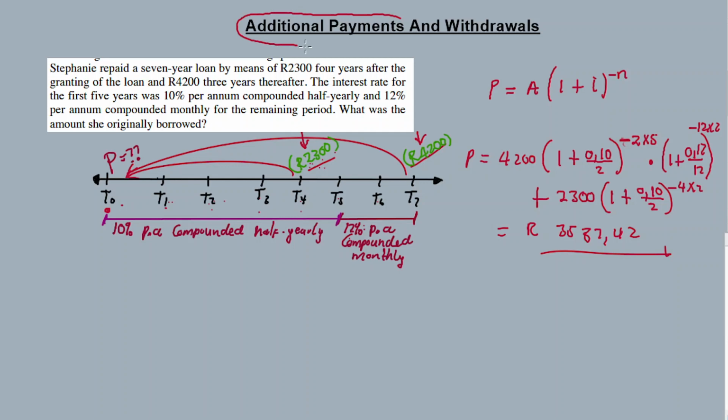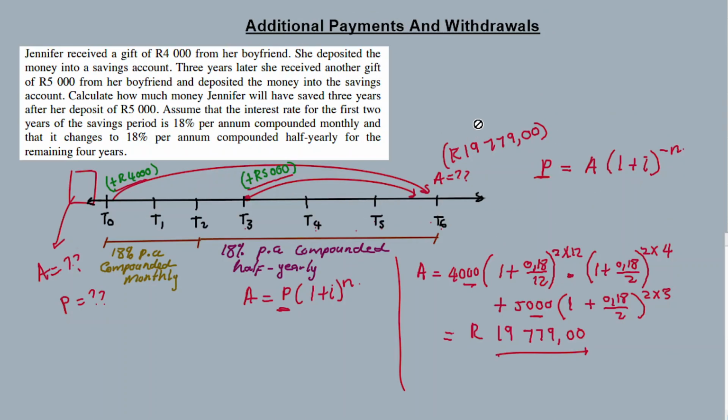I've only showed you additional payments. What if there are withdrawals too? If there's a withdrawal, what do you do? You subtract. Let's go back to the first example.